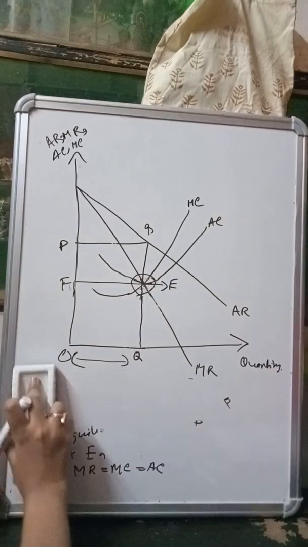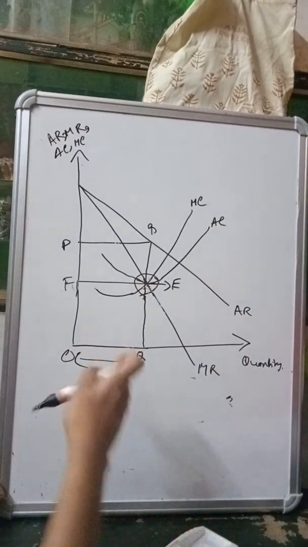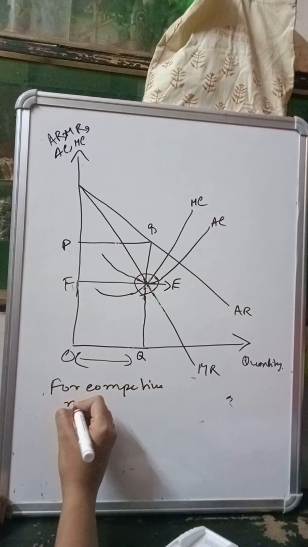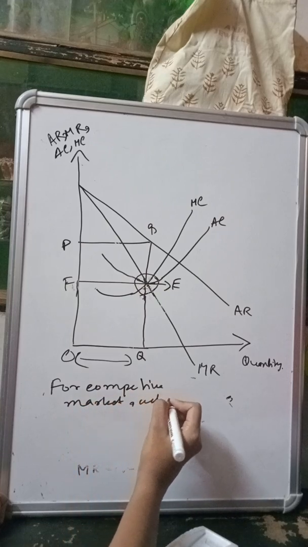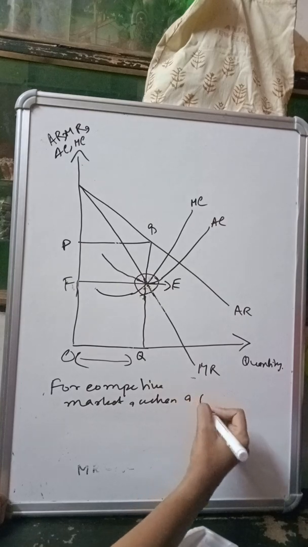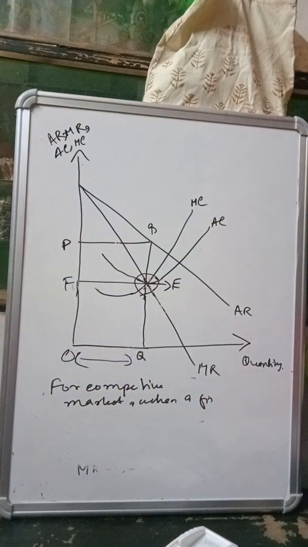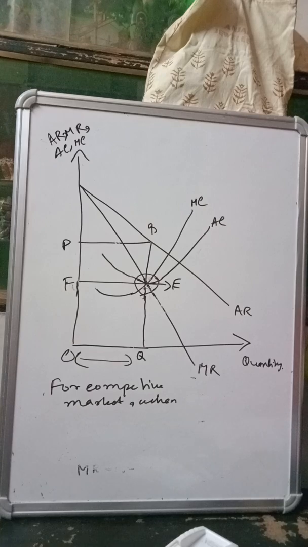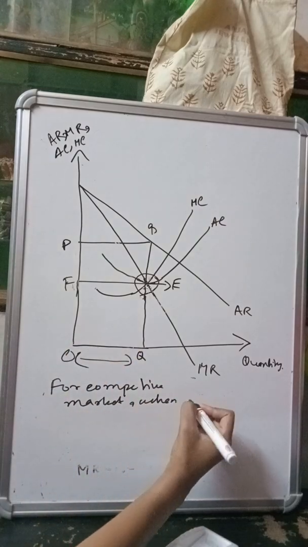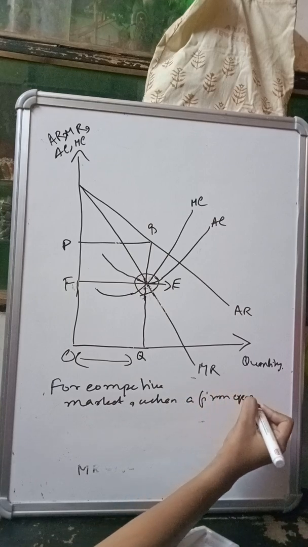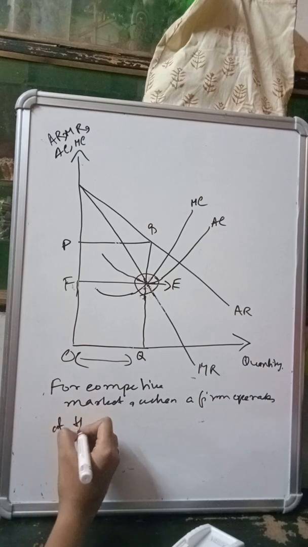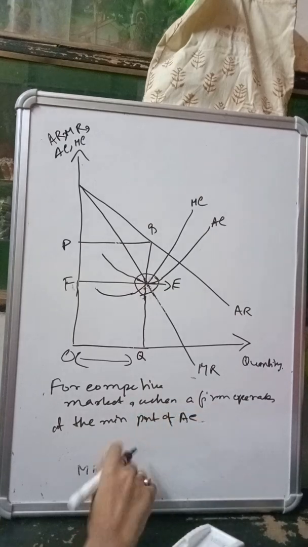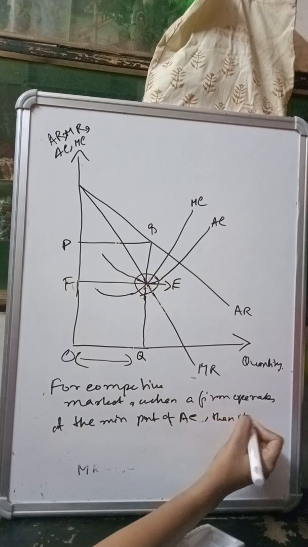Write it like this: for a competitive market, when a firm operates at the minimum point of AC, then it earns normal profit.